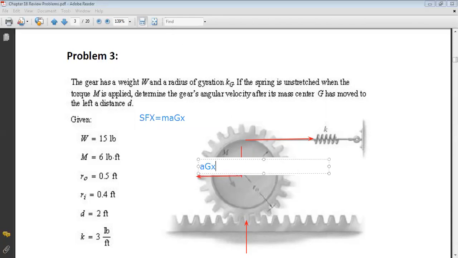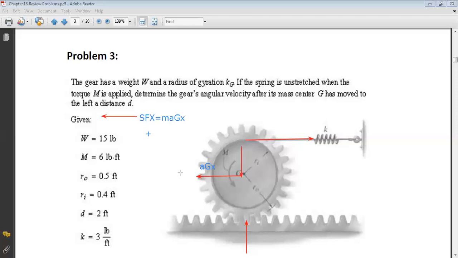And the only force that you can see is the spring, pulling the disc towards the right. So I need a force towards the left that will help me to move G towards the left. So I can write here plus the friction force, if I consider that positive. I am writing the equation in this positive direction, so I should have a force in this direction. And the only force that can be in this direction is friction, because I don't have any other force in X. Weight and normal are along Y, and the spring is along X, but in the negative direction.